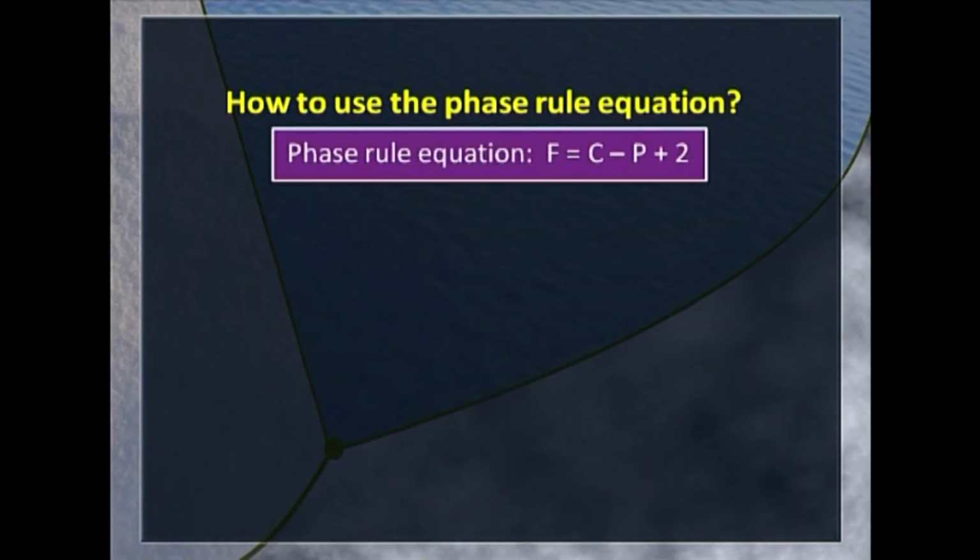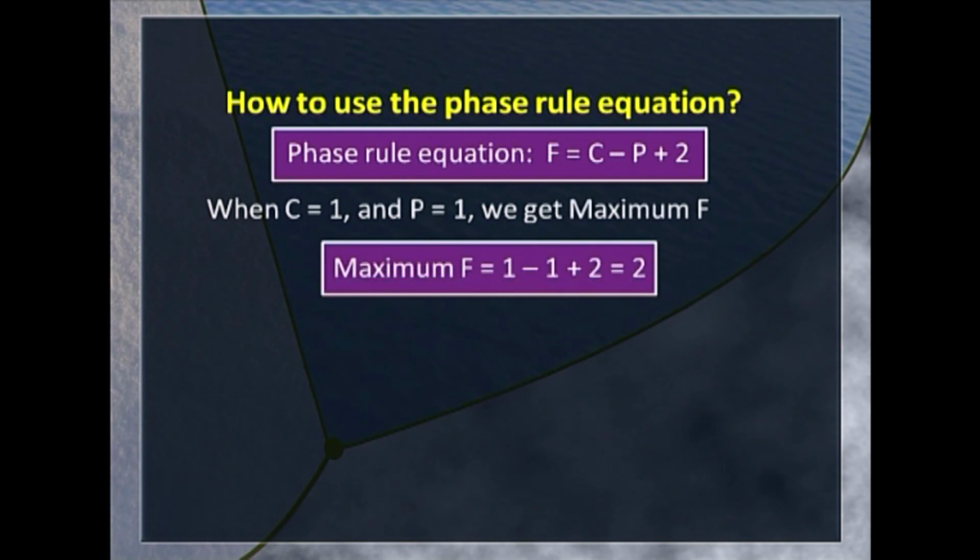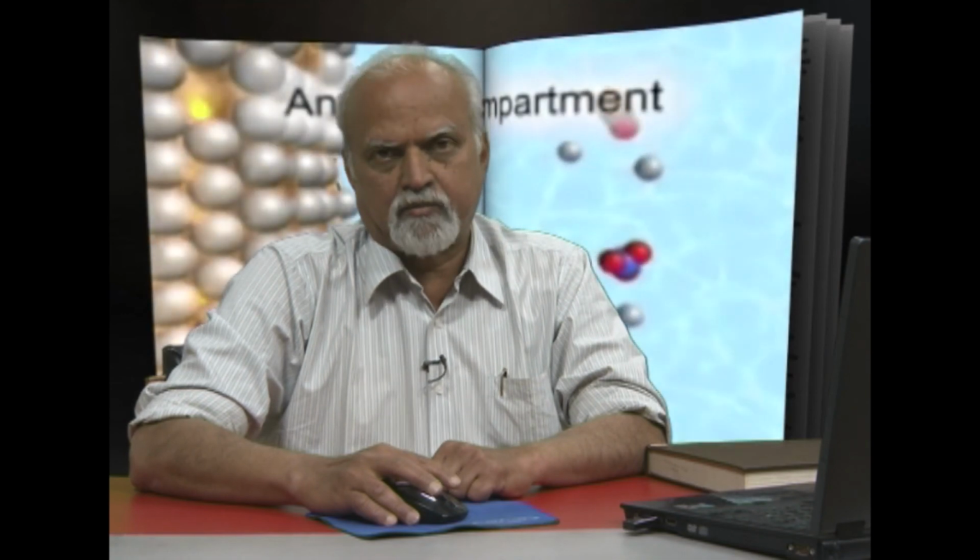This is the phase rule equation, F is equal to C minus P plus 2, and when C is equal to 1 and P is equal to 1, we get the maximum value for F, and in this particular case it will be 2 degrees of freedom, the maximum value, and therefore we are at liberty to choose what our variables will be.